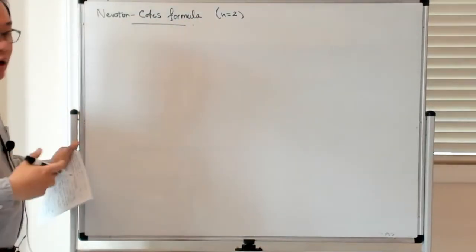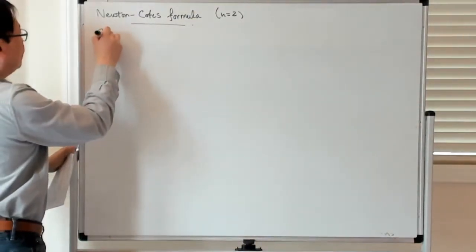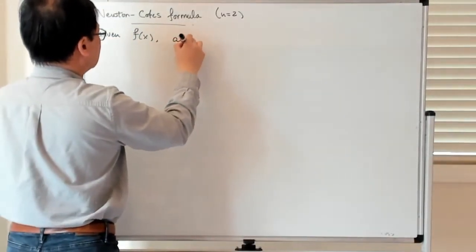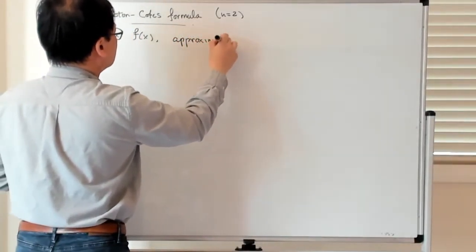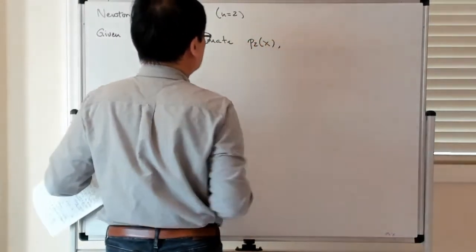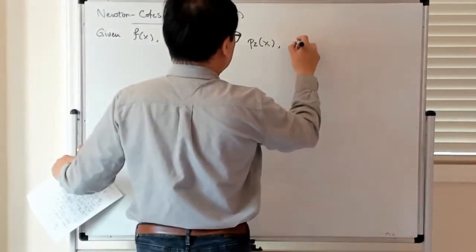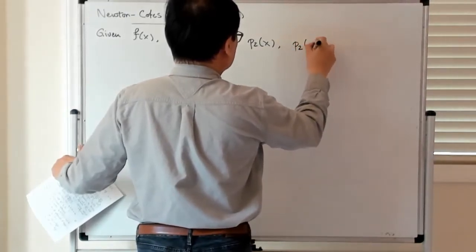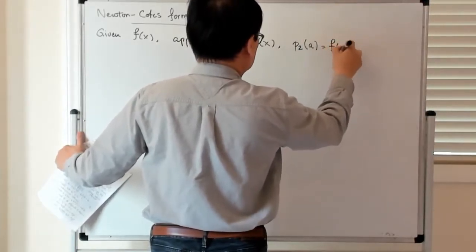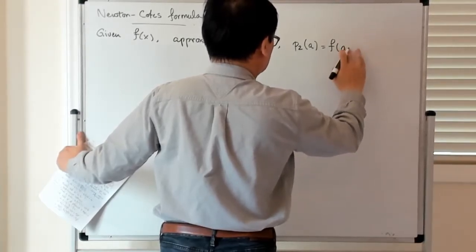As you recall, the basic idea behind the Newton-Cotes formula is that, given a function f of x, you're going to approximate it with some interpolating polynomial, in this case p2 of x, which is a quadratic polynomial with the property that p2 at three equally spaced points agrees with f of x, which is of course what is meant by p2 being an interpolating polynomial for f.